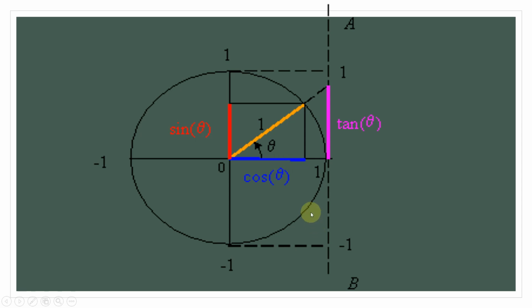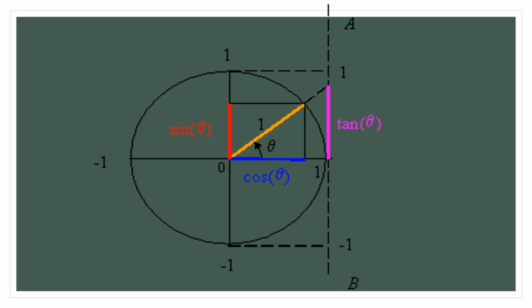So in order to rotate in the first quadrant from 0 to 90 degrees, what's the relationship between the x coordinate and the y coordinate? By relationship I mean whether the x coordinate is increasing or decreasing and whether the y coordinate is increasing or decreasing.